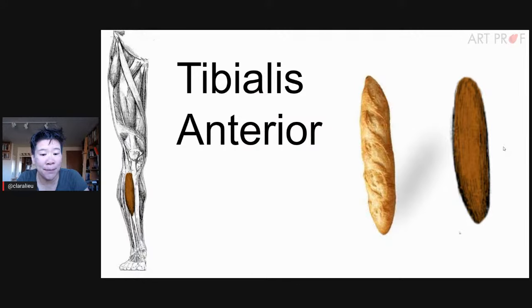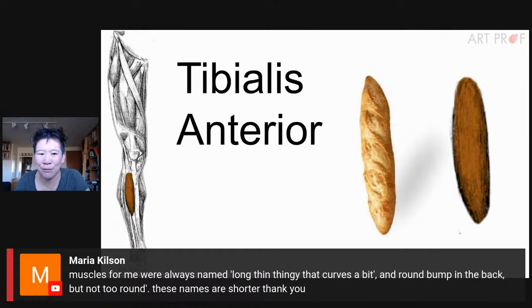Let's talk about the tibialis anterior. All I can think of is a baguette. I mean, nowadays, everything I look at looks like bread. It's that Oma bread. Got me really into bread. So just think baguette when you're thinking about the tibialis anterior, because Maria says, muscles for me were always named, quote, long, thin thingy that curves a bit and round bump in the back, but not too round.